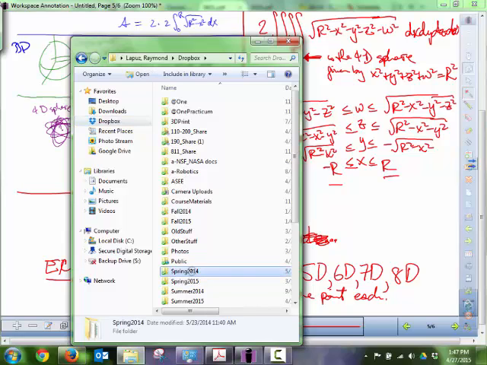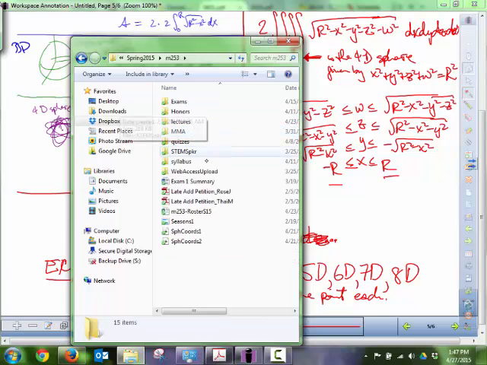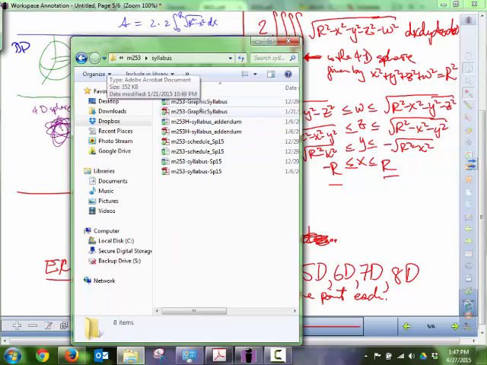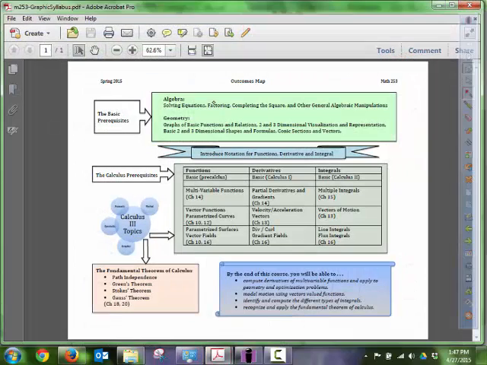All right. So the other thing I wanted to do was to take a look at our graphic syllabus. Remember our graphic syllabus from the very beginning of class? I don't know if you've looked at it since.